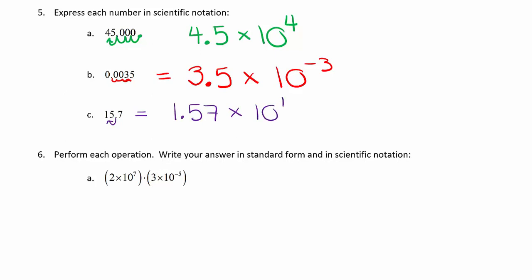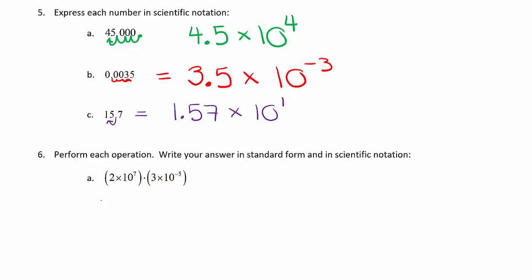So scientific notation is incredibly useful if you have a very, very large number and you don't want to write it out. It's also useful when you're trying to perform operations, specifically multiply or divide, and you have these numbers in scientific notation. So in example A, 2 times 10 to the 7th times 3 times 10 to the negative 5th, I don't really want to write this out in standard form and then do the multiplication, because I'll have a lot of zeros to keep track of.